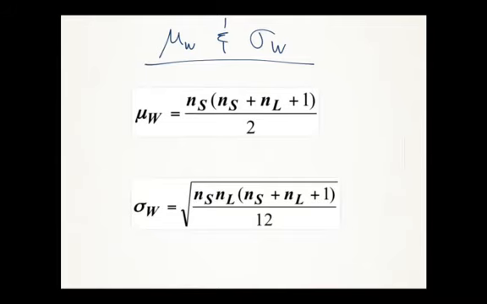Okay, I'm not going to get into the derivation of these like we did for the Wilcoxon signed rank test, but these are the formulas, and so they'll be useful for us going forward. Okay, so what does it look like for our results?